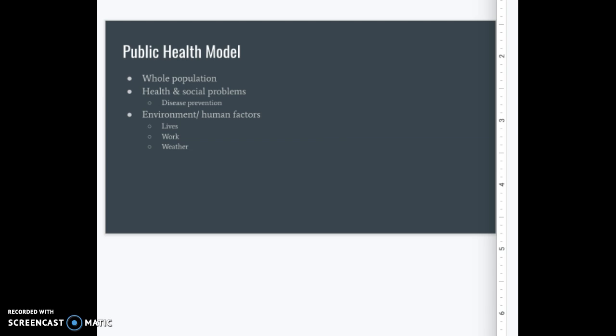So this would be a social problem, a social factor that is causing problems for them. So we have to do what the public health model suggests to try to minimize these issues and try to help the entire population, so we could benefit everyone and try to make it a better world to live in.